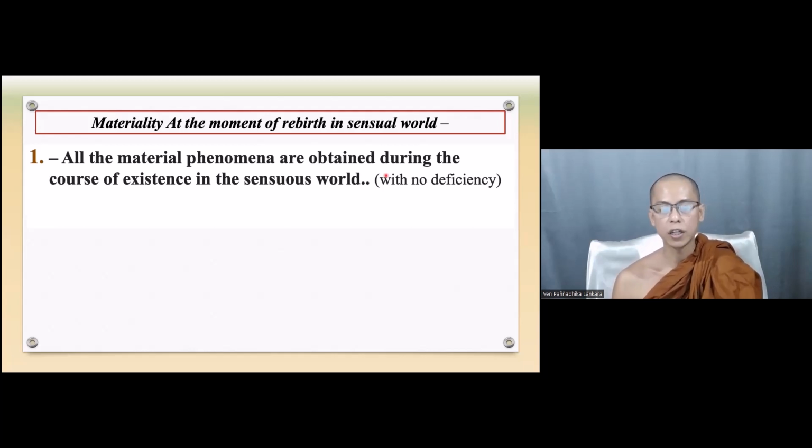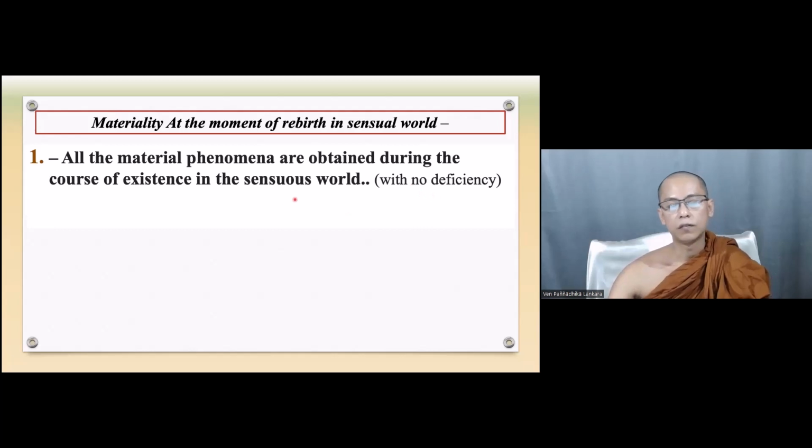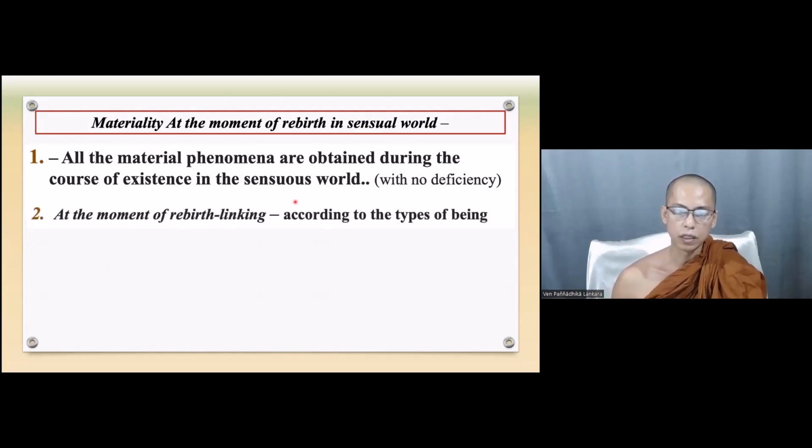So in each individual, we can get only 27, but not 28. But for both individuals, we can count all 28 materiality are obtained during the course of existence in the sensuous world. So let's focus on the materiality that arises at the moment of rebirth linking.